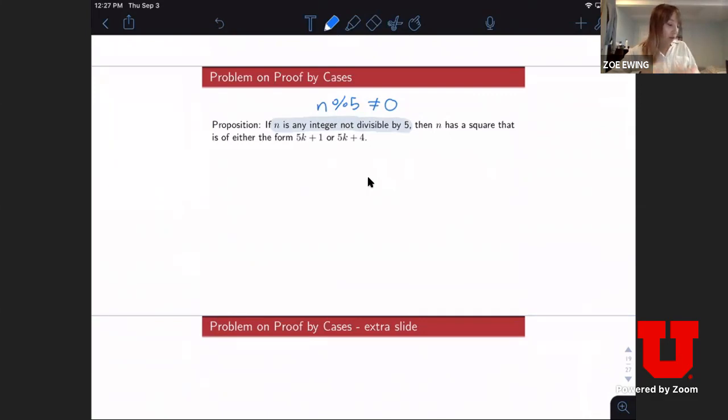I'm trying to think of how to explain this. We're trying to account for every case where n is not divisible by 5, because there are lots of numbers that are not divisible by 5, and it's kind of hard to sort them. So does anyone have any guesses what is one way we could separate this into cases?